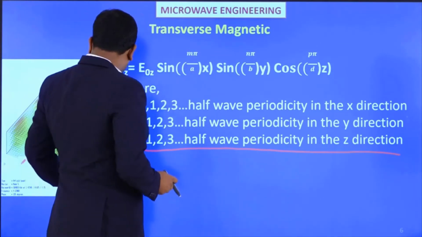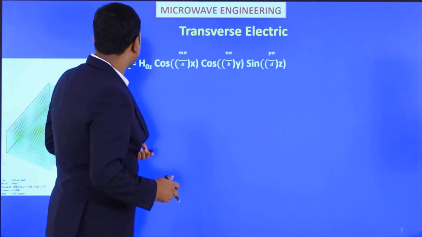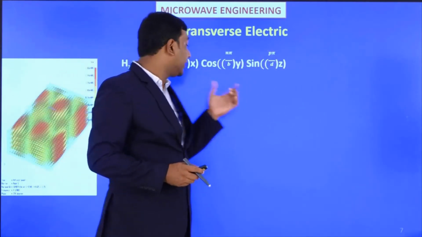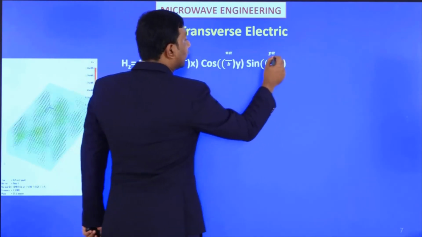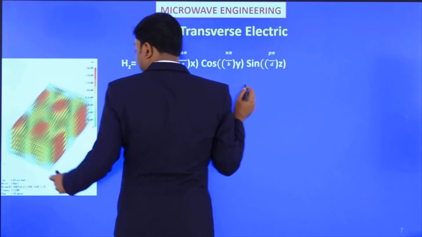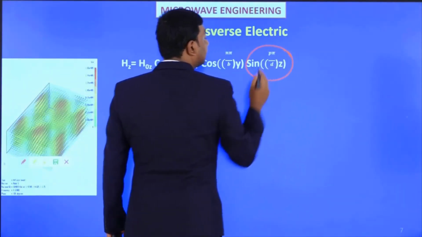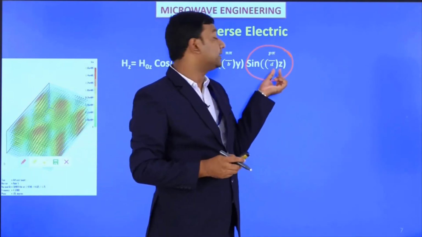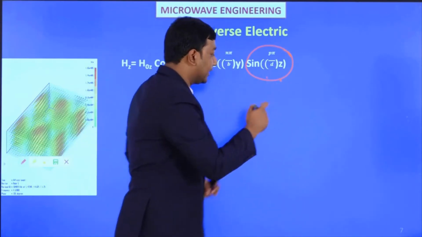Now we will see the field equation for the transverse electric case. For the transverse electric case, the magnetic field component will be there. Whenever we see Hz in the transverse electric mode of a rectangular waveguide, that time the term is e to the power minus j beta z. But in the rectangular cavity resonator, these terms will be there, because the field variation is not as in the earlier case.